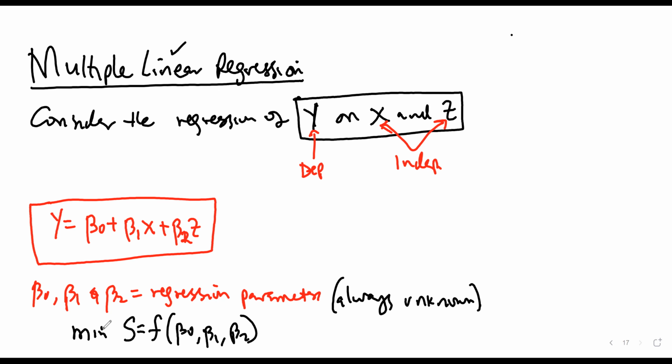It has three unknowns, so when you have two independent variables, you have three unknowns, and thus you're going to have three normal equations. And these are the normal equations.